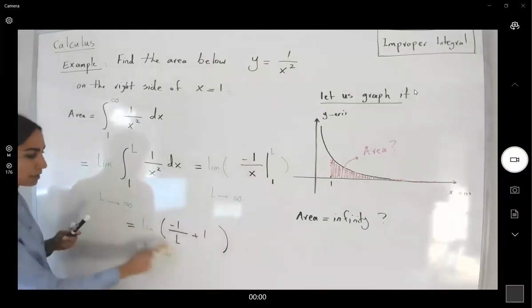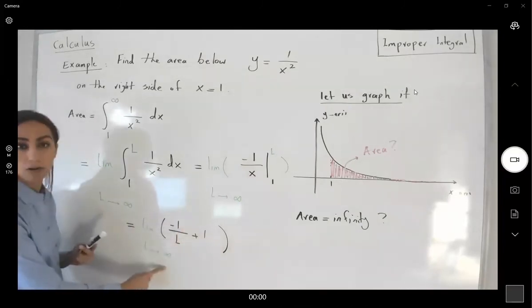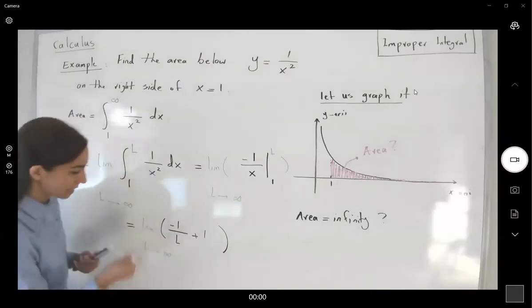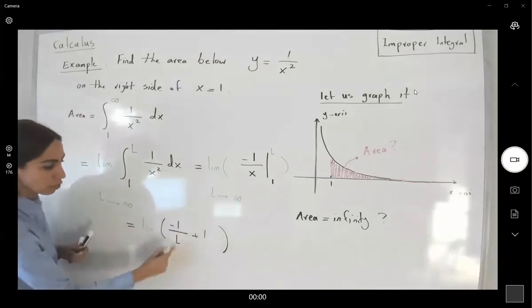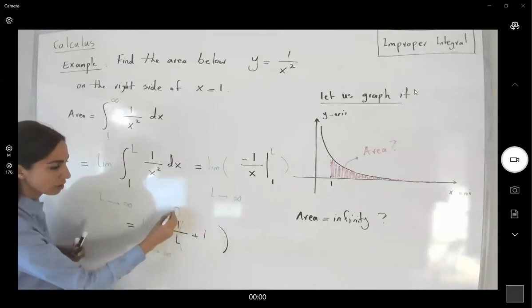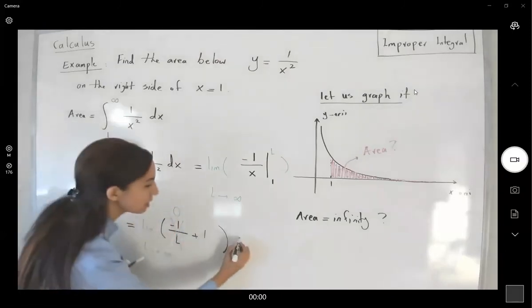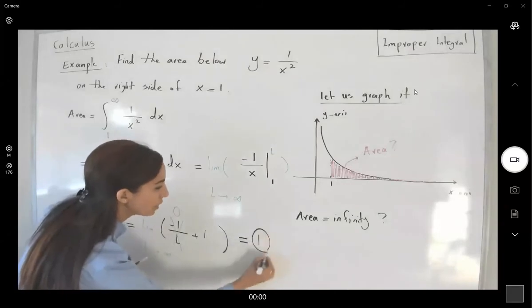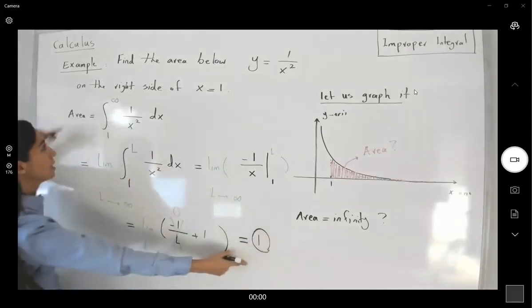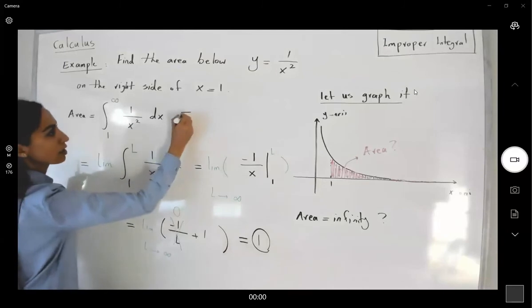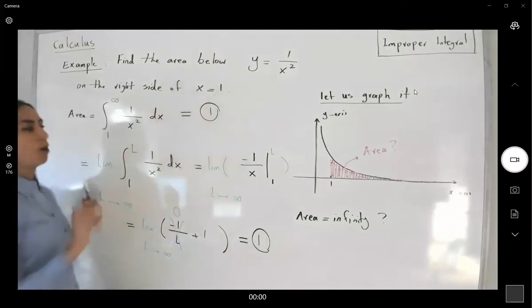So what is this limit as L goes to infinity? As L goes to infinity, -1 over infinity is just 0. So this limit is equal to 1. But what is this? This is the area. So the area is equal to 1.